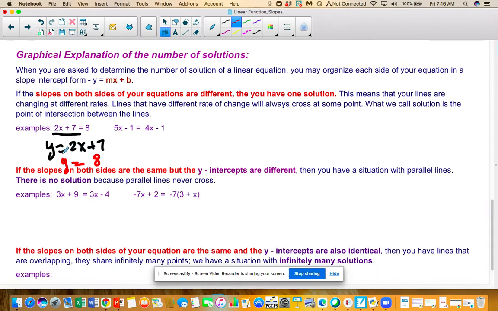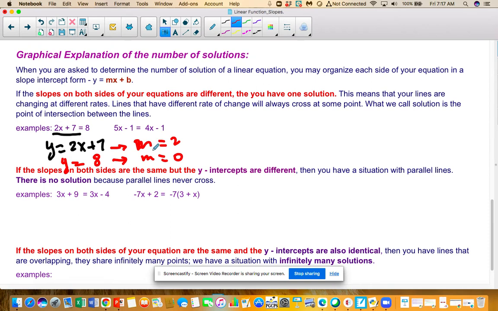Now, what is the slope for this line, y equals 2x plus 7? You can see that the slope is 2, m equals 2, that's the letter we use for slope. Now, equations that have the form y equals b are horizontal lines, right? Equation of a horizontal line. That means the slope is 0, m equals 0. So you can see that the line on the left and the line on the right of this equal sign do not have the same slope.